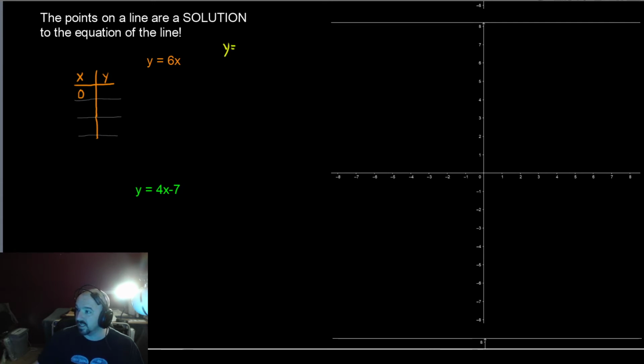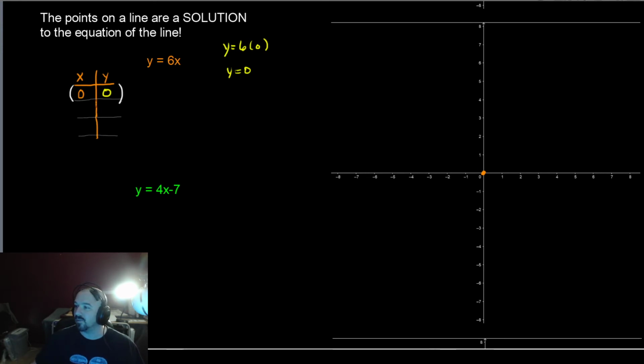So y is going to equal 6 times 0. Well, 6 times 0 is just 0, so y is equal to 0. So I just throw a 0 in there. And that becomes a solution to this equation, which also makes it a point on the line. So we just throw it on the graph.